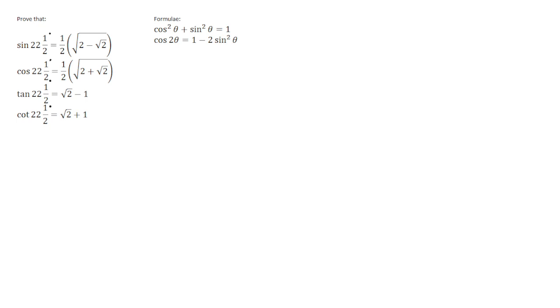Alright, so now let's move on to cos 22.5. So we know that cos squared theta plus sine squared theta is equal to 1. But because of that, we can also write that cos squared theta is equal to 1 minus sine squared theta. And we can write this with theta being 22.5.